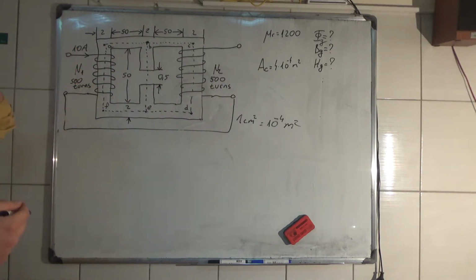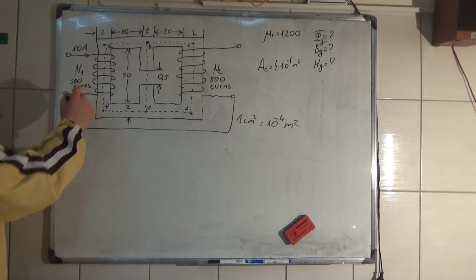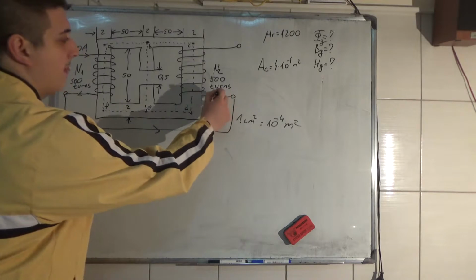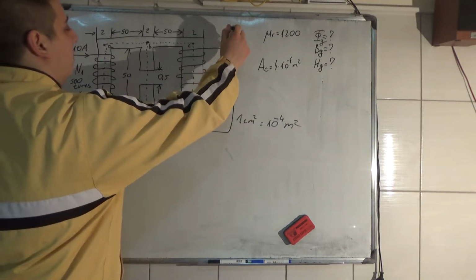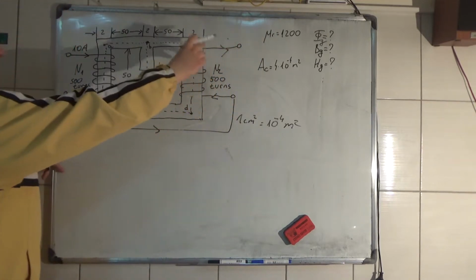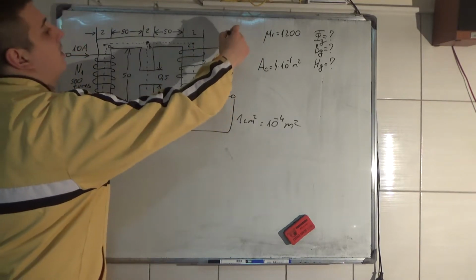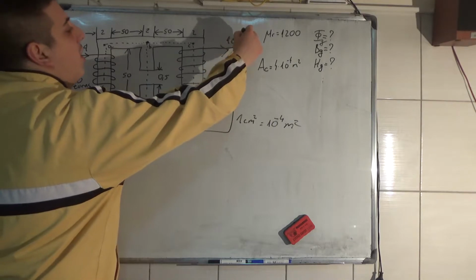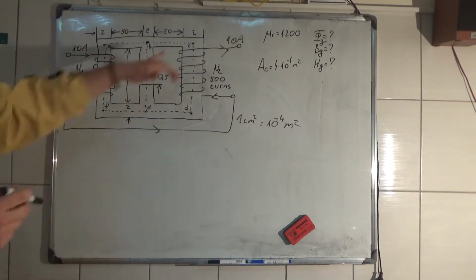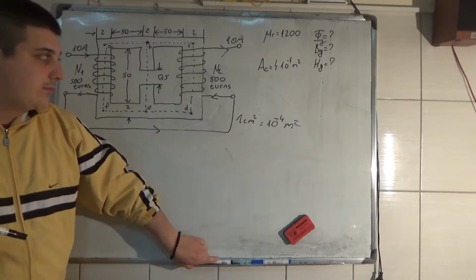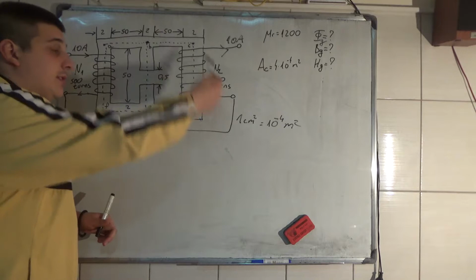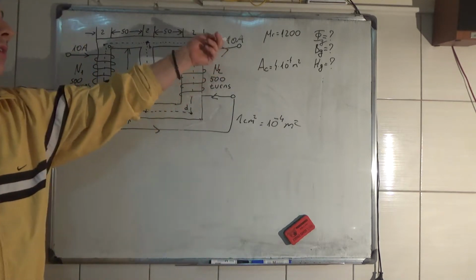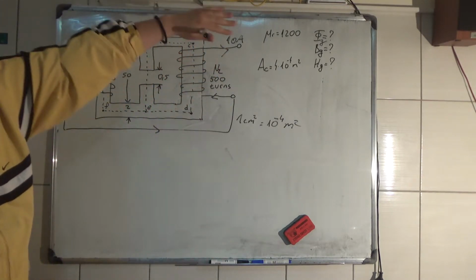Now here you will also have 10 amperes going like this. So here you have a current that goes like this, and it leaves the magnetic path. This is the direction of the current in the second coil. You can just follow these conductors, and you will see that the current here goes in this direction.